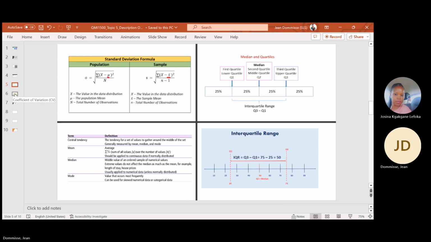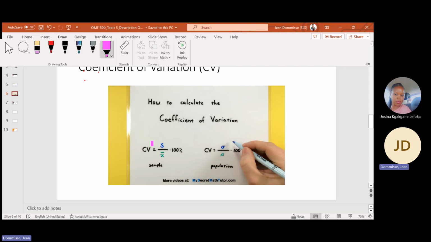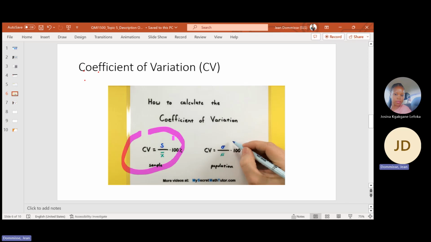And then one of the last ones is the coefficient of variation that we will also look at. Depending on whether we're working with a sample or a population, the coefficient of variation will always have you look at your standard deviation and divide that by your mean.